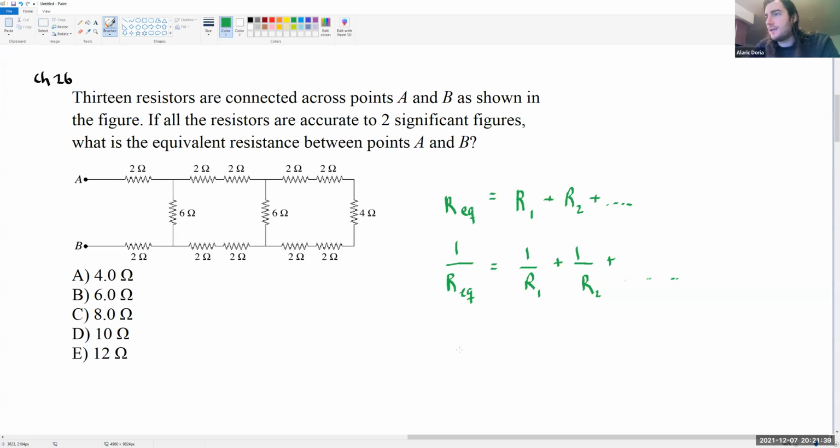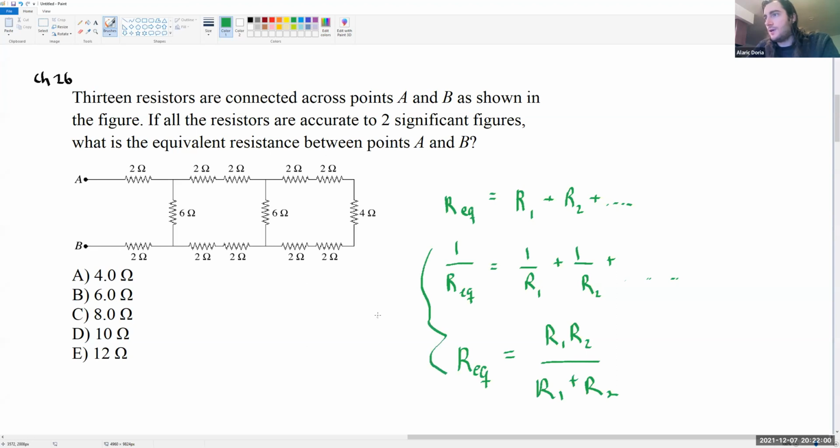And special case, if you have exactly two resistors in the reciprocals formula, then you can always write it as a product over sum formula, like so, okay?